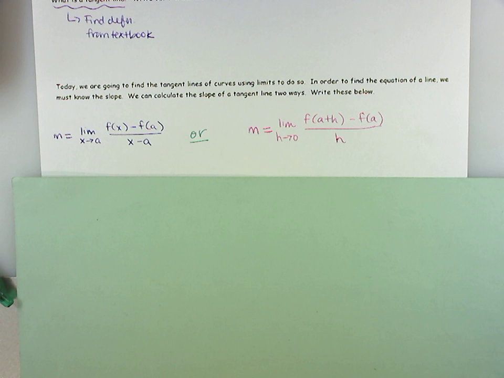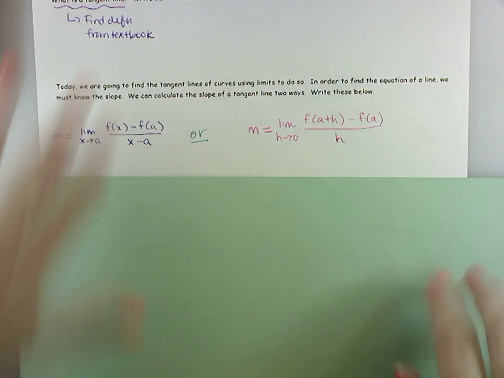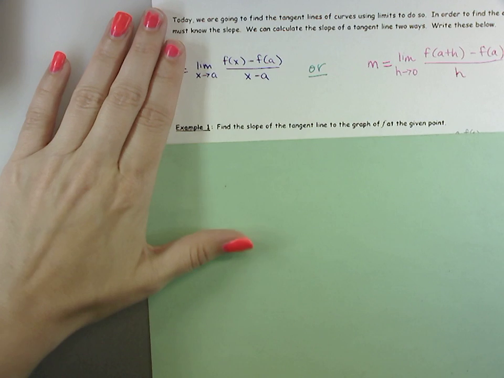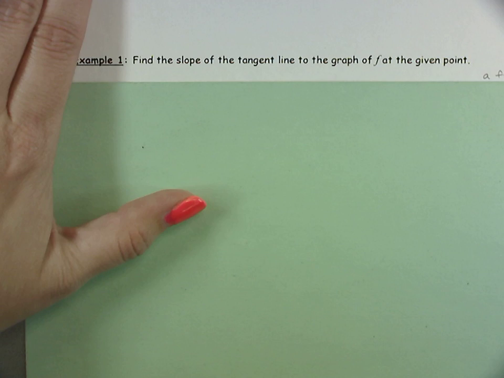Now for many cases, you can use either one of those equations. In some cases, one is going to be easier than the other, and we're going to explore those together today. So for example 1, you're going to find the slope of the tangent line to the graph of f at the given point.